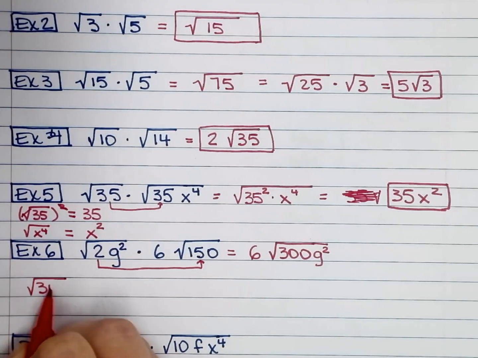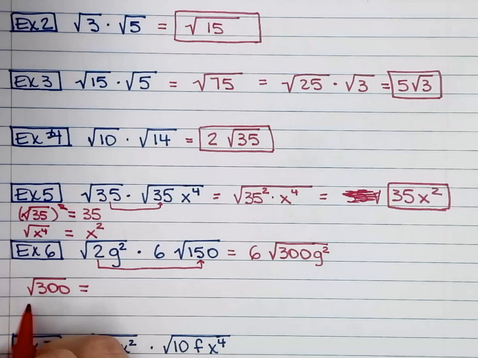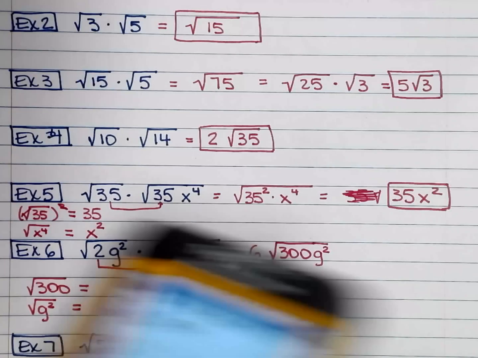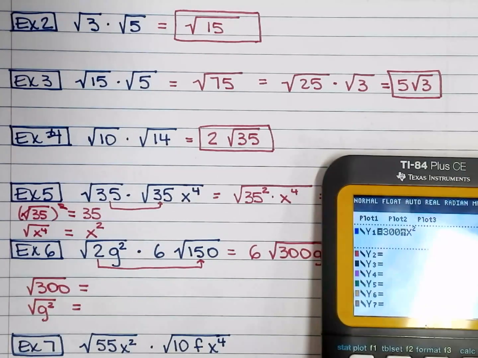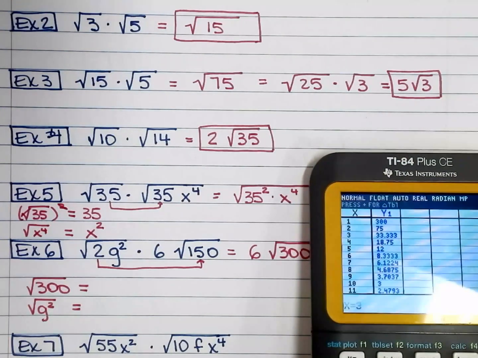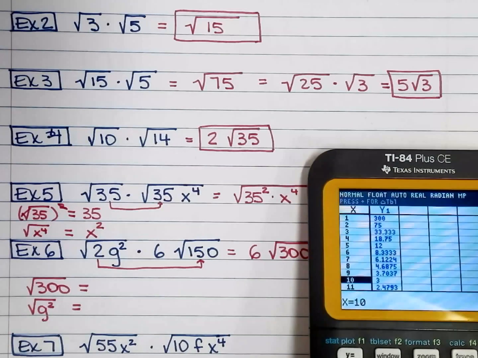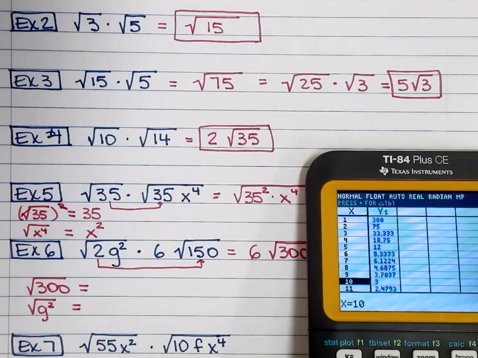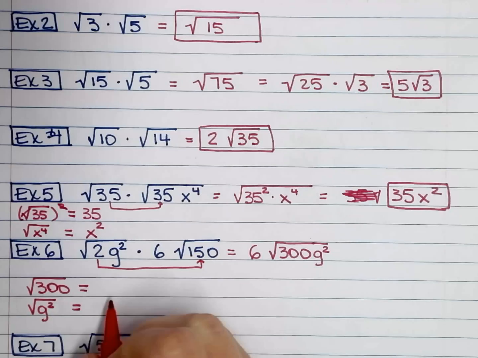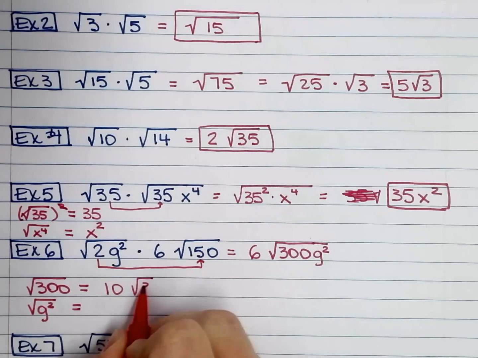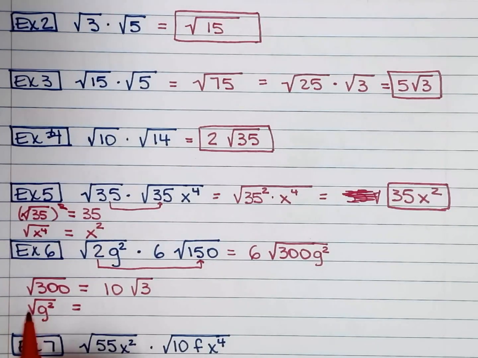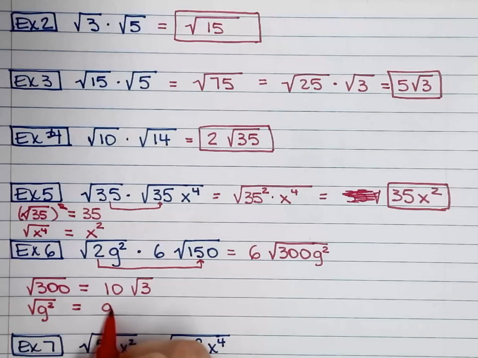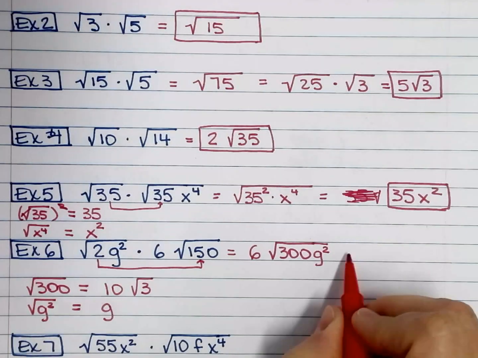Right here off to the side, let's go ahead and simplify square root of 300 and simplify square root of g squared. Square root of 300 right there, 10 square root of 3. And here, square root of g squared is g.